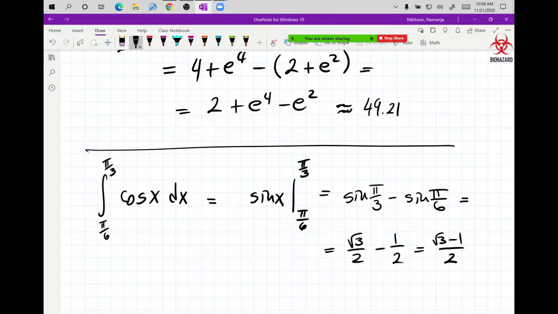I just want to see what we get. About 0.366. That's the approximation.